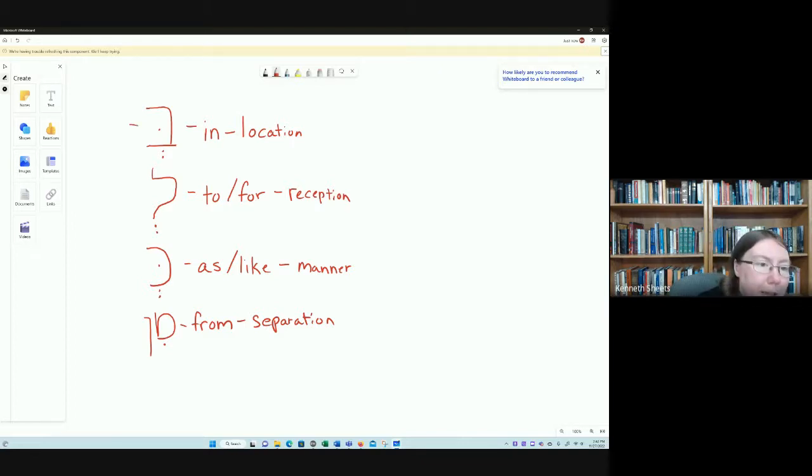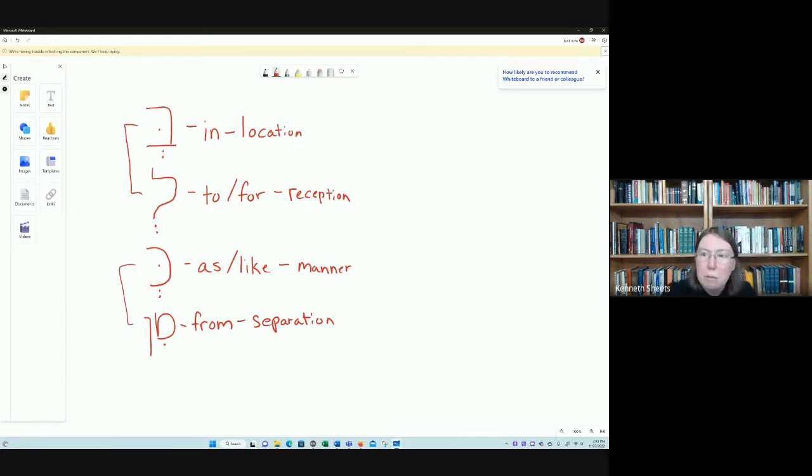Now, these prepositions, the Baith and the Lameth, they are just going to take the pronominal suffix, no problem, basically just attached right to them. The Caf and the men preposition, they're going to do something a little bit different.